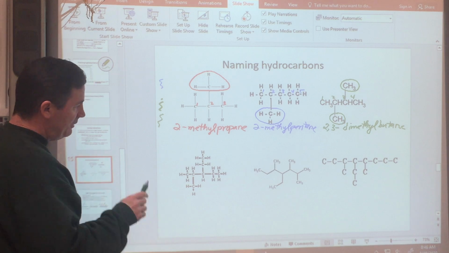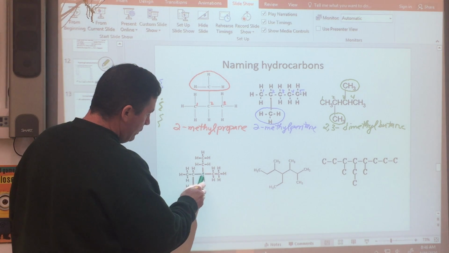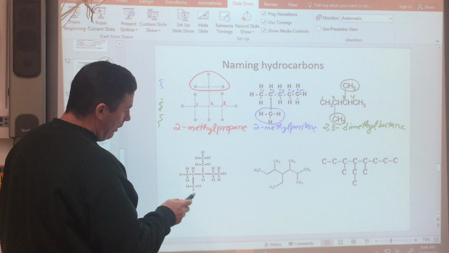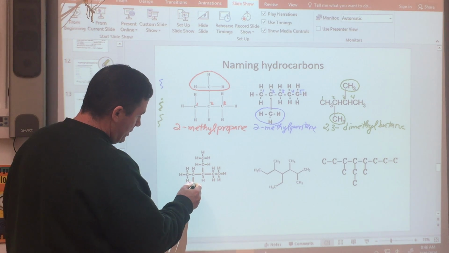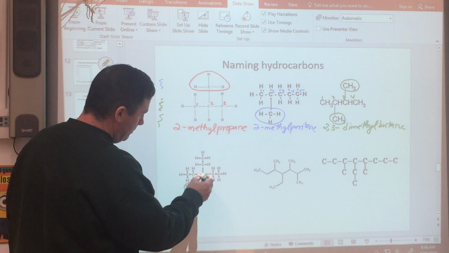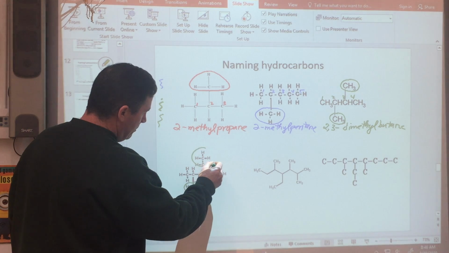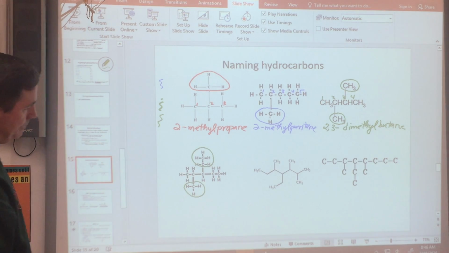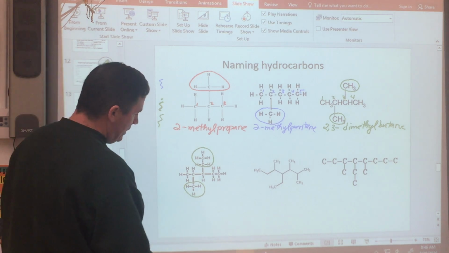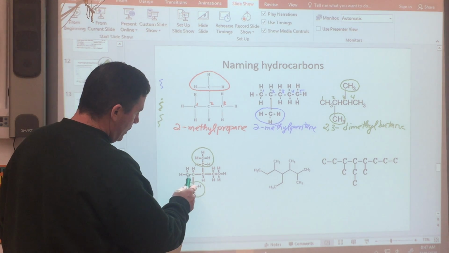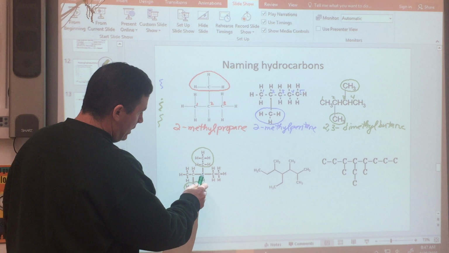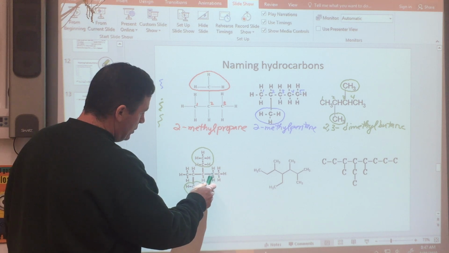Now, if we go from left to right, 1, 2, 3, 4, 5, where are our substituent groups? Well, I've got one here, and I've got one here. Now, is this the lowest number? 1, 2, 3.